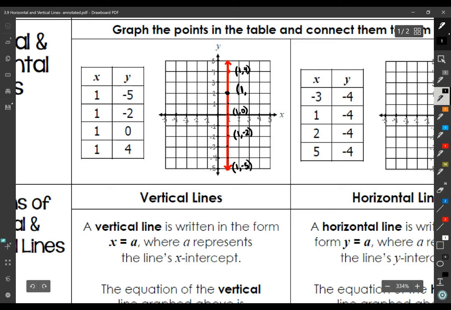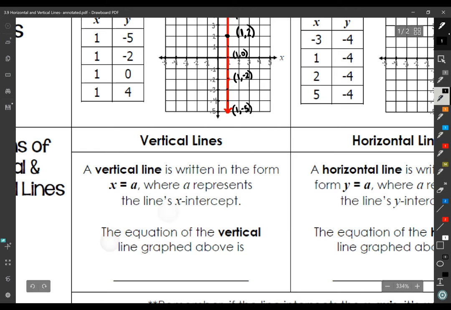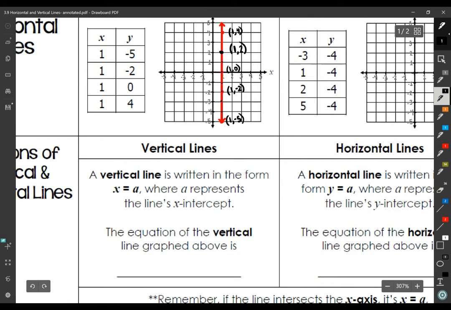The only thing that changes is my y value. My x value stays the same. So when we're writing the equation of a vertical line, it's written in the form x is equal to a, where a represents the line's x-intercept.